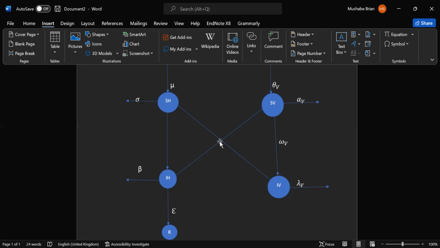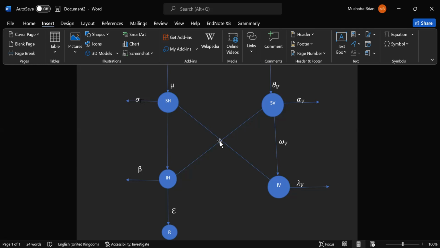And I think we are missing the exposed compartment here. So this moves to the exposed compartment using beta. And then from the exposed, we move to the infected compartment of humans, which continues to the recovered compartment of humans.